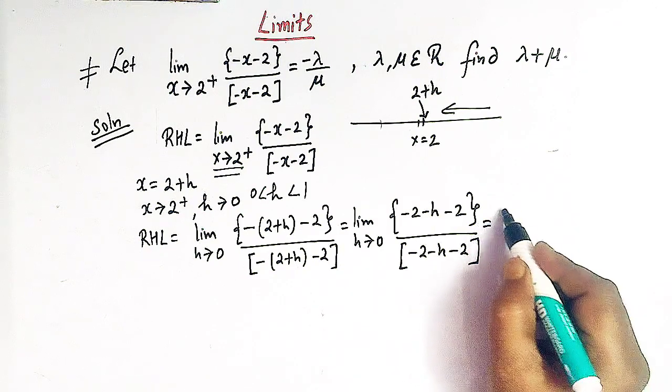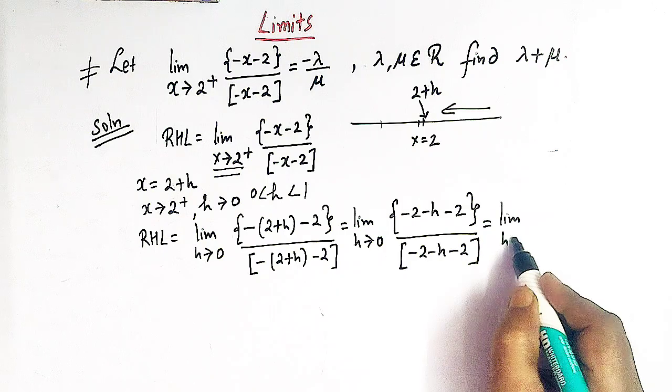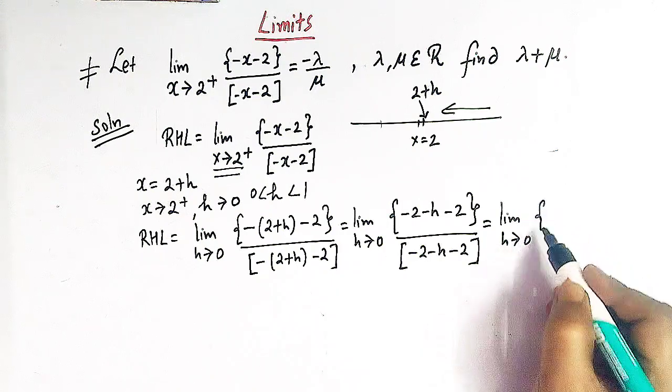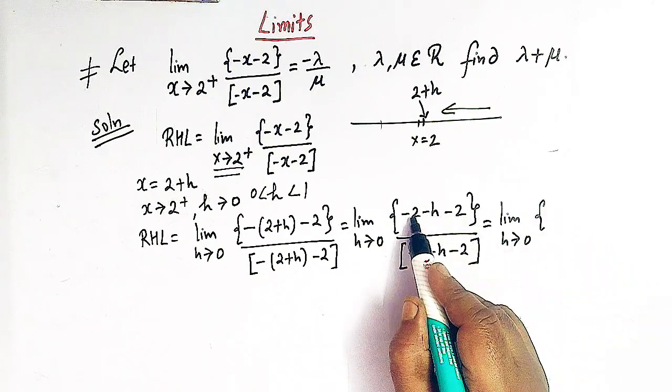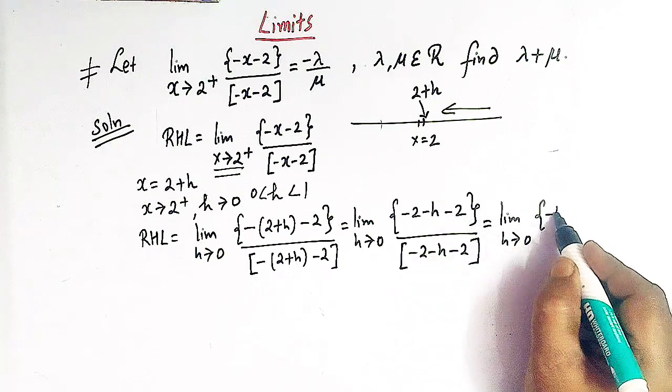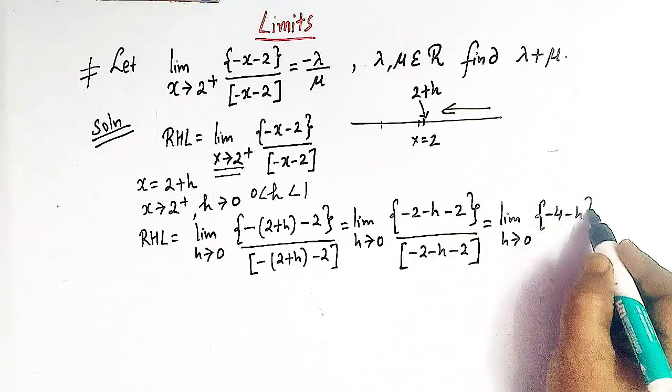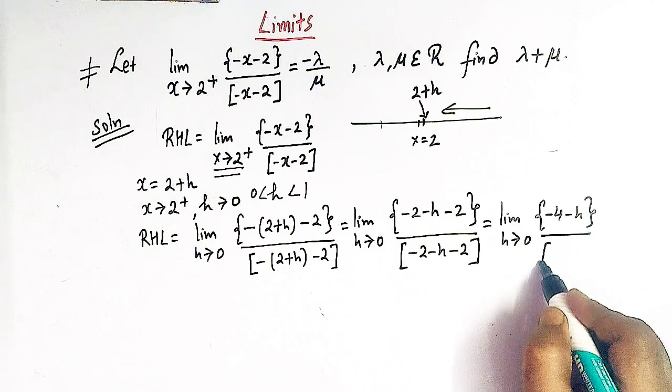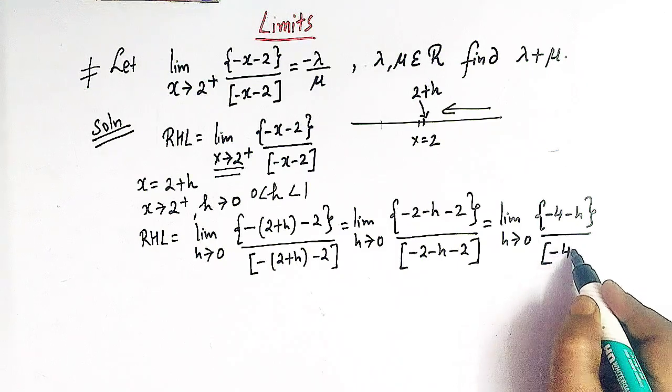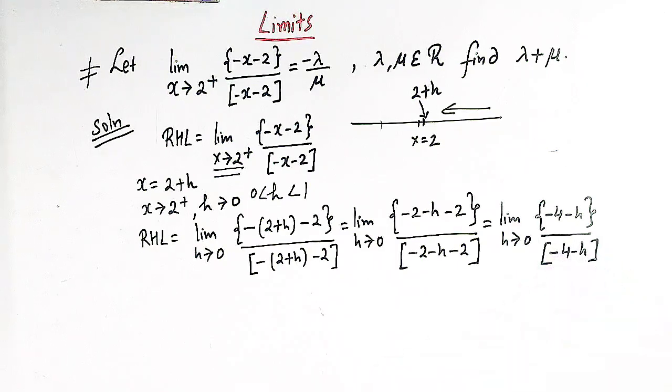So now we can write limit h tends to 0, and here we have fractional part of minus 4 minus h, and here we have greatest integer of minus 4 minus h, right?